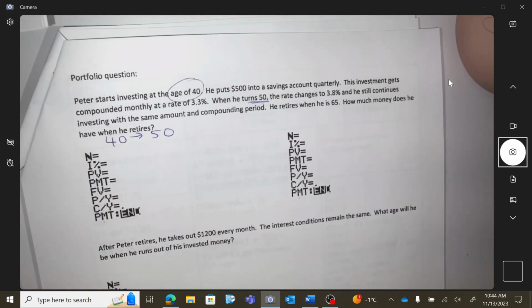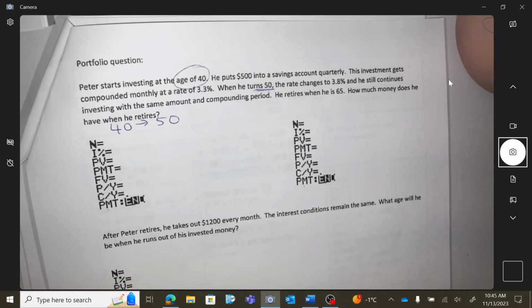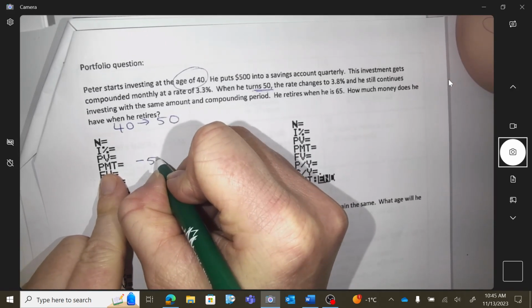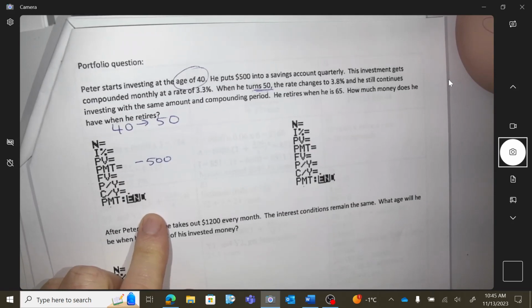So give me the first section, which would talk about the investment from the time he's 40 to 50. So what he does, he puts $500 in, payment, out-of-pocket money.